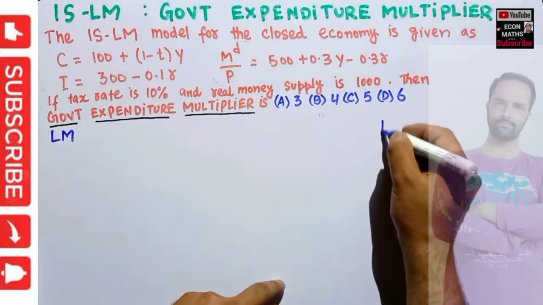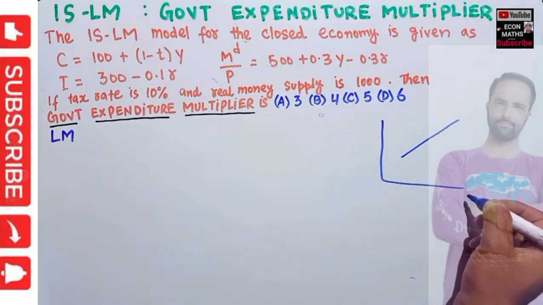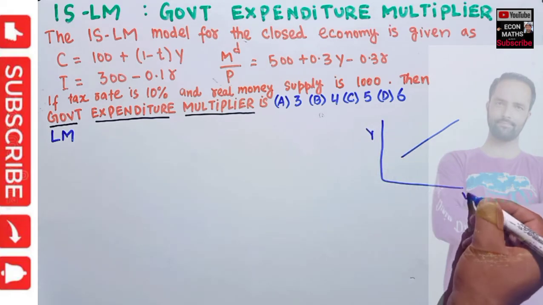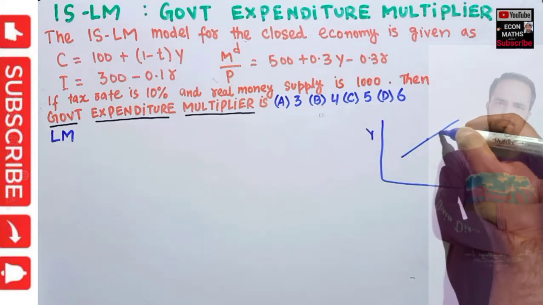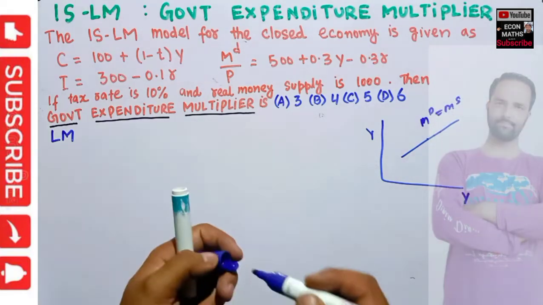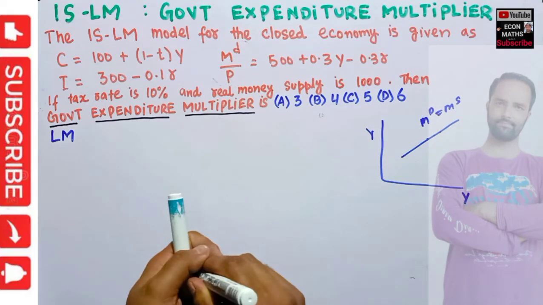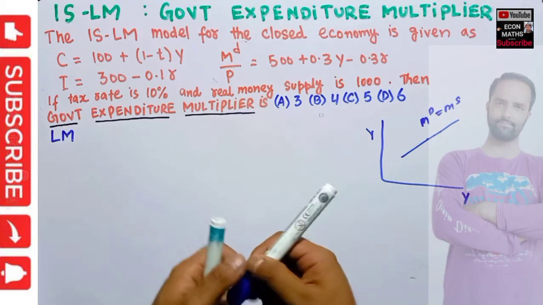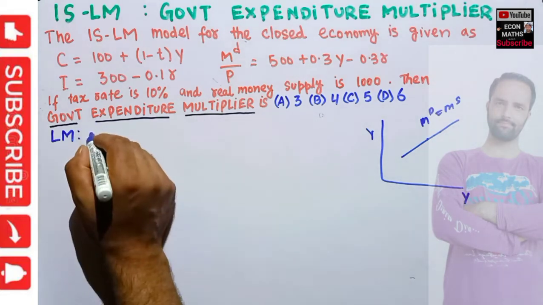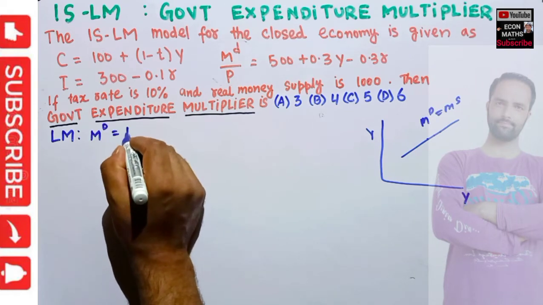LM is a curve which shows us different combinations of rate of interest and level of income, where our money demand is equal to money supply. Simple thing, I have explained it so many times. Actually the LM curve shows us the money market equilibrium, and it occurs where our money demand is equal to money supply.